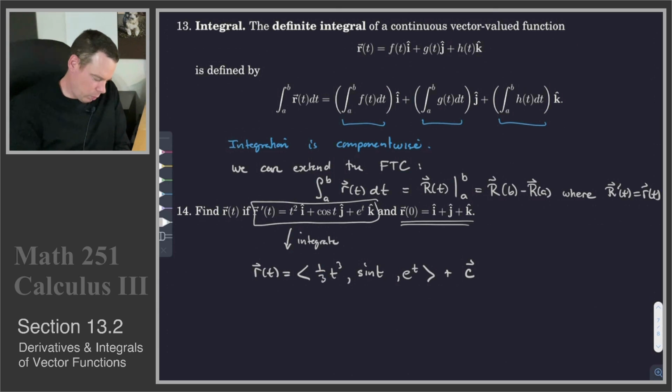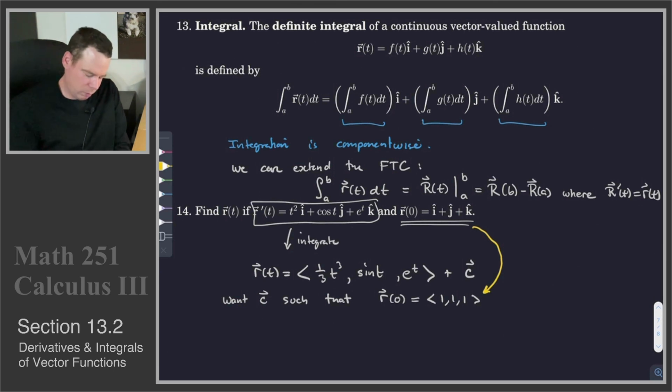And so now what do we want? We want C such that r of 0 is equal to 1, 1, 1. That's the condition we want to satisfy. That's that bit right there. That's what we want it to satisfy. So what is r of 0?